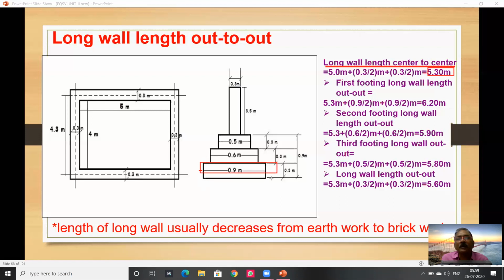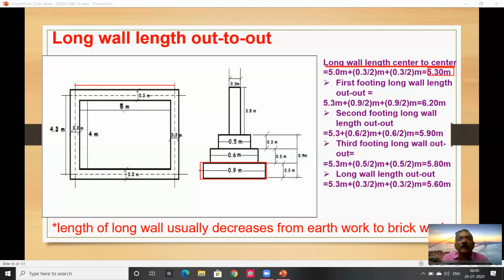How to calculate this first footing quantity? For the first footing, we have to calculate the long wall length out to out. For that, we need the center to center length. What is the center to center length here?